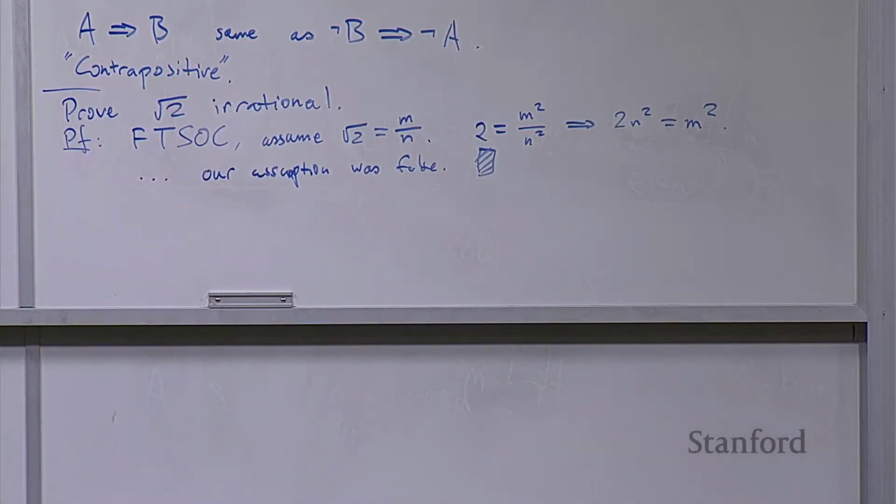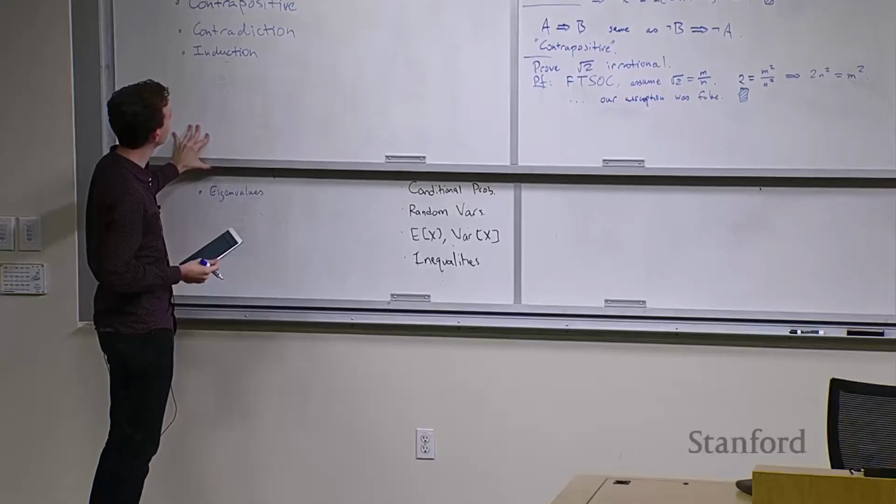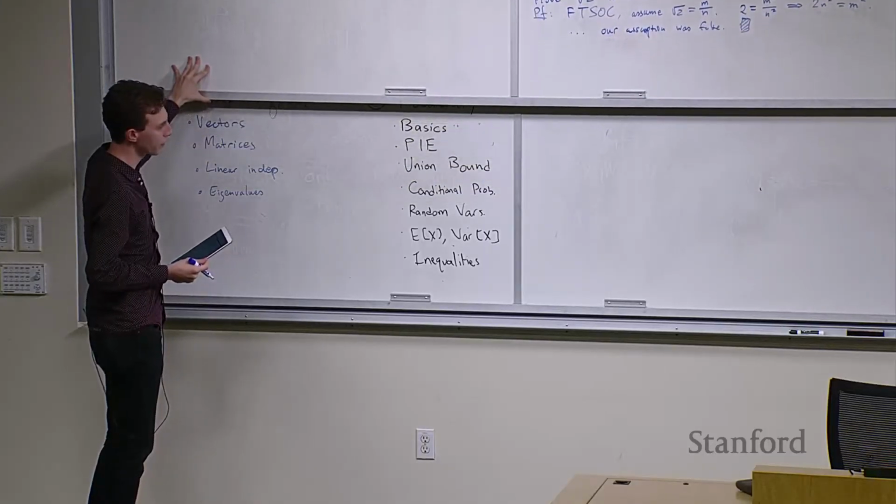So just to reiterate, it's a pretty simple idea. If you want to prove something, assume the opposite is true. And if you show that that leads to nonsense, the initial thing actually should hold. Cool. We have one last proof technique that we care about, which is induction.